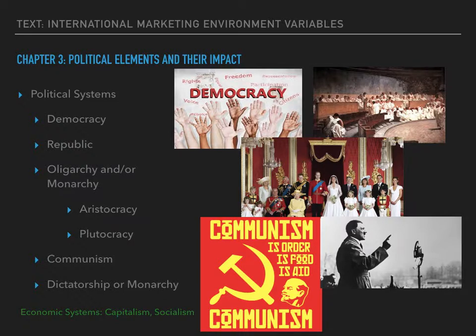One thing to note, though, is when we talk about capitalism versus socialism, those are economic systems, not political systems.